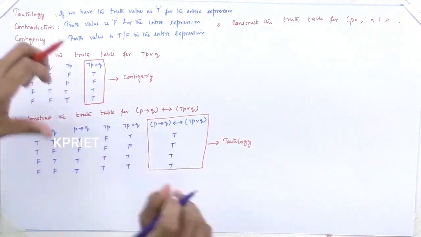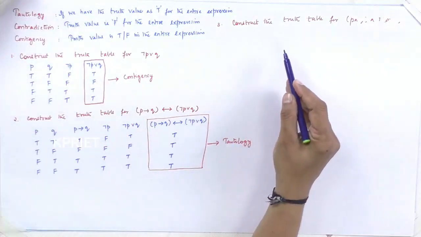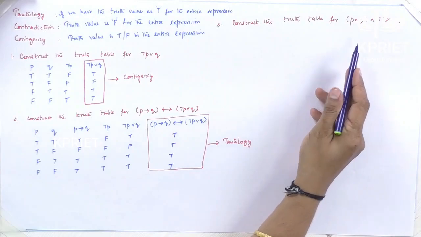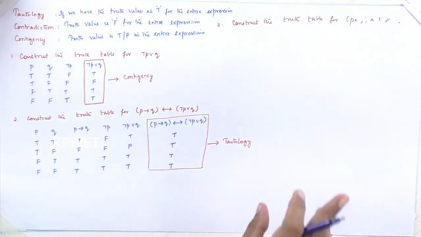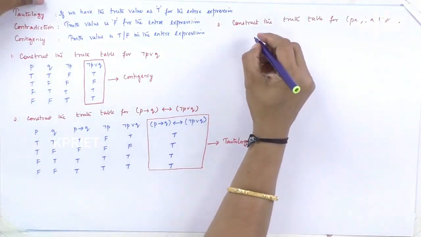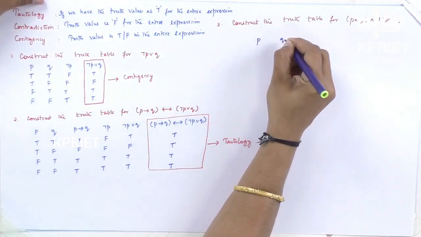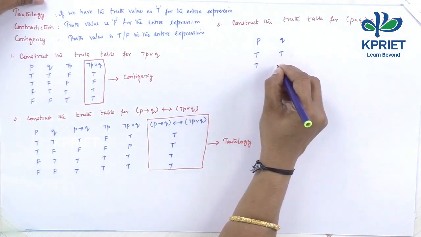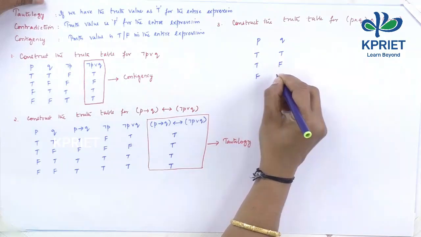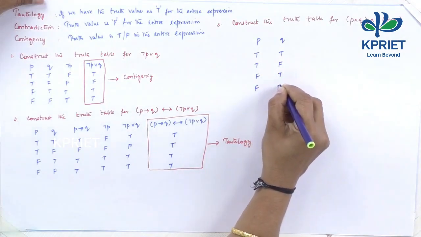And next, an example we will see here. Construct the truth table for this statement. Again, in the given statement, I will have to see how many variables there are. There are only 2 variables, P and Q, right. So what truth values can we assign? 4 rows: TT, TF, FT and FF.